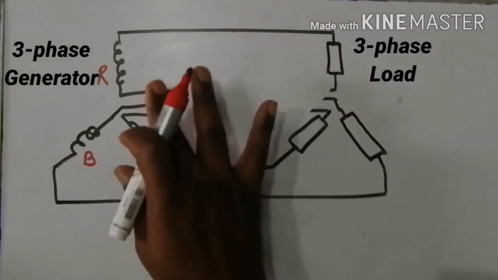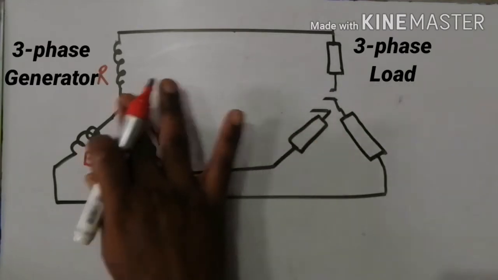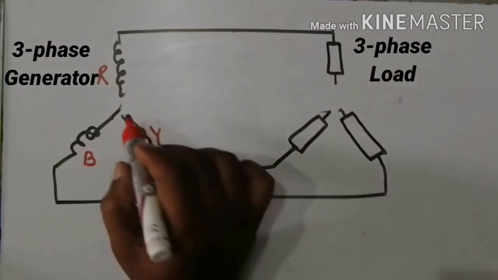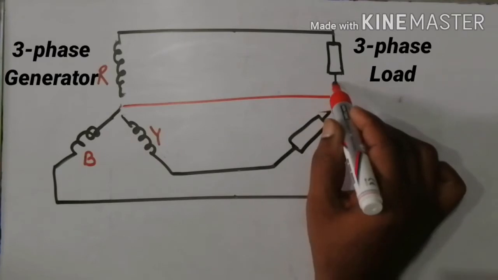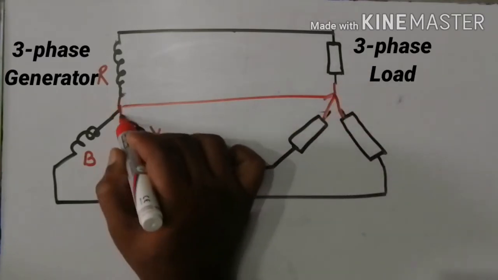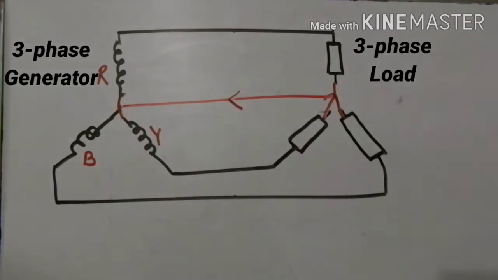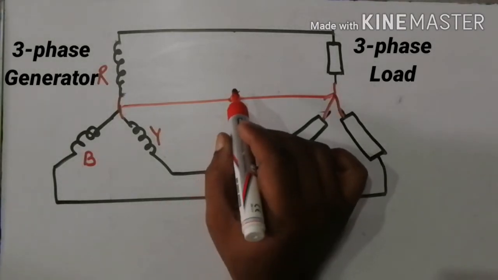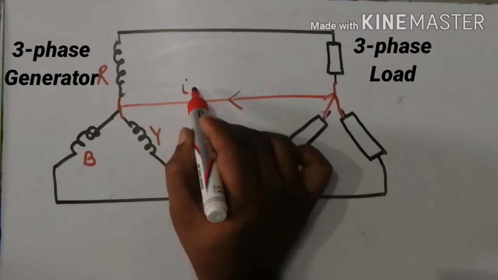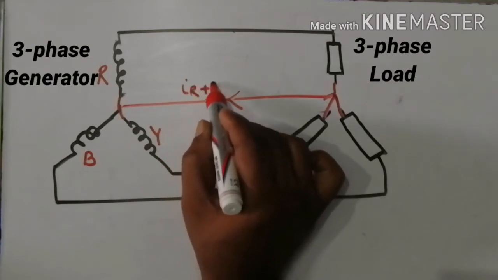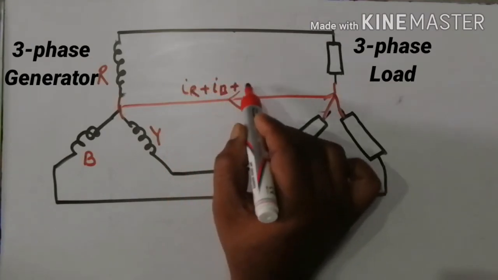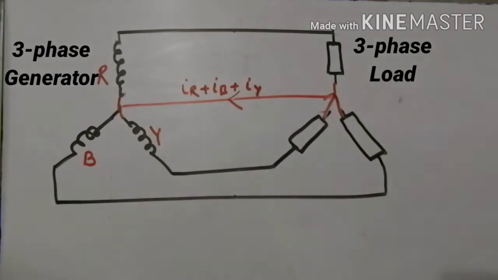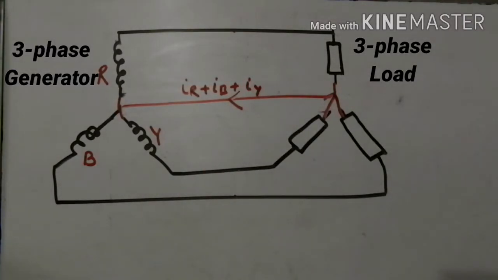Now I am combining this one. We can combine all 3 return conductors together to form a single conductor containing the currents IR, IY and IB.